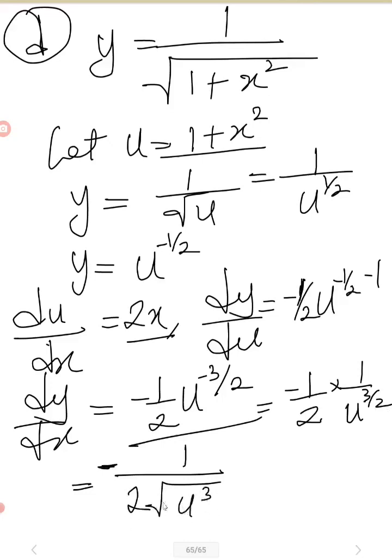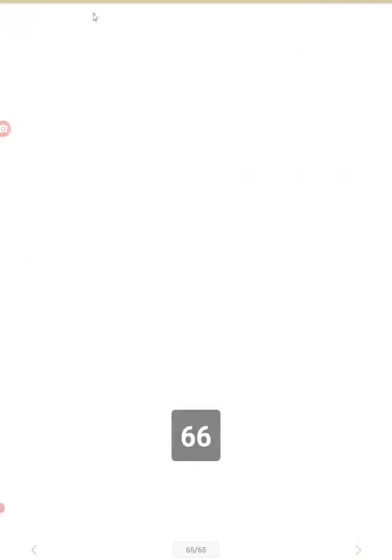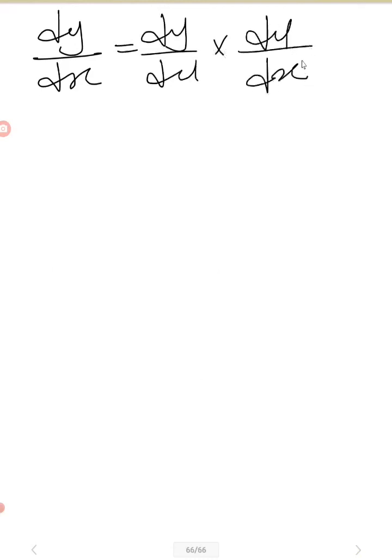Since we have this, let's now apply our chain rule at this junction. dy with respect to x is equal to dy with respect to u multiplied by du with respect to x.